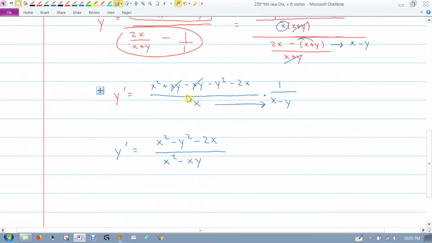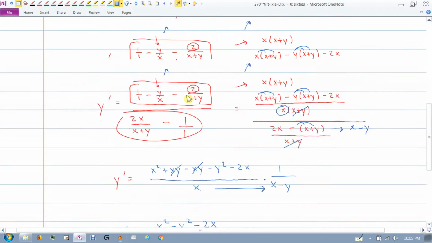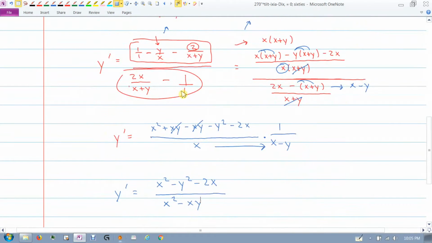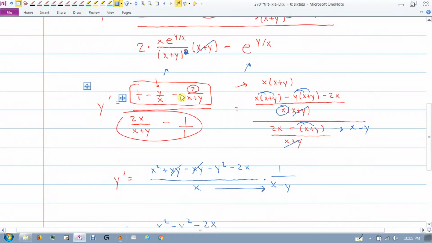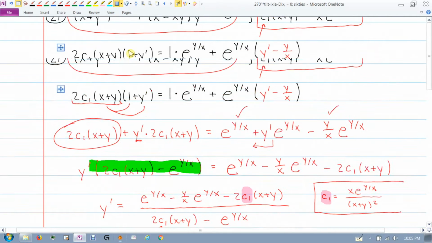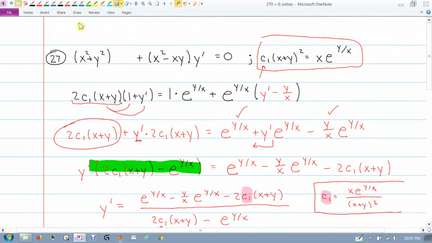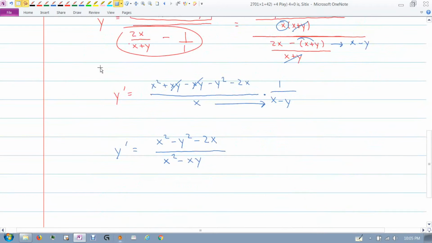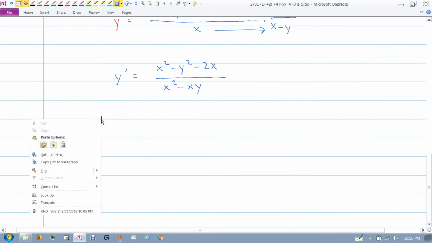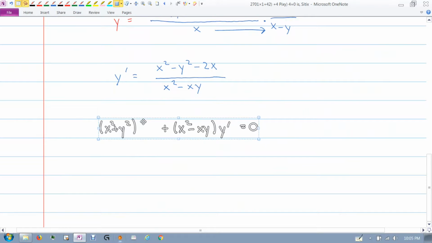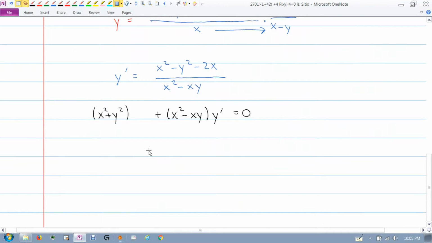All right, so now that I've got this here, let's see what happens if I take, I gotta erase a bunch of stuff. Instead, let me grab the original differential equation up here. Grab this, copy it, and let's put it down here. All right, so let's see what happens.